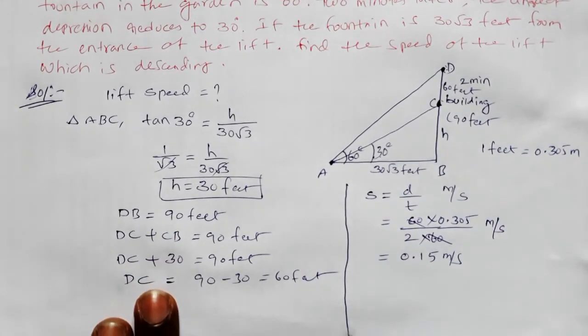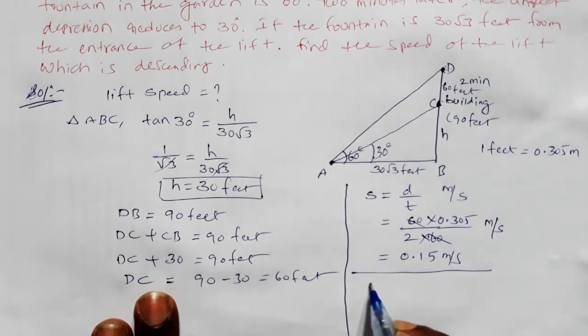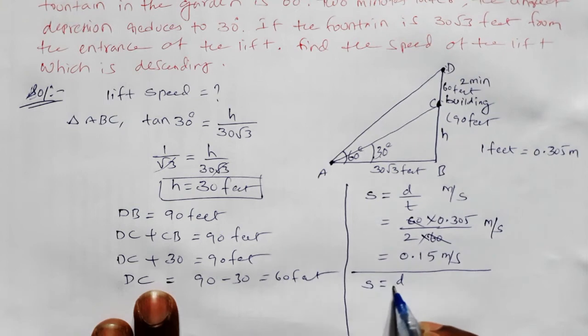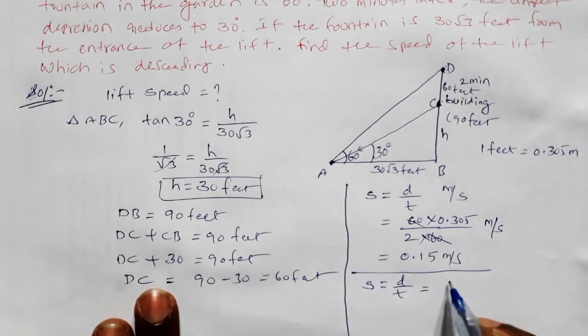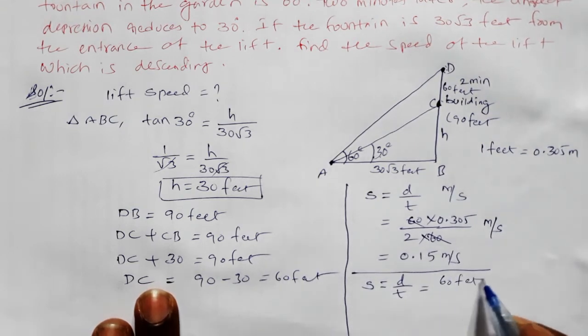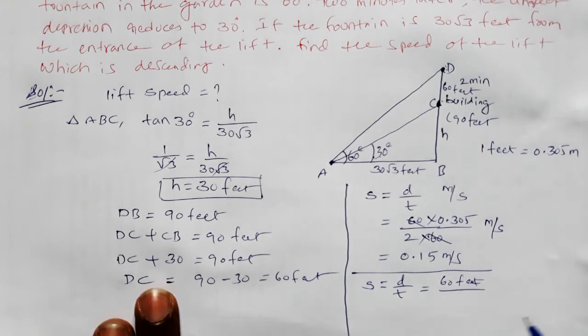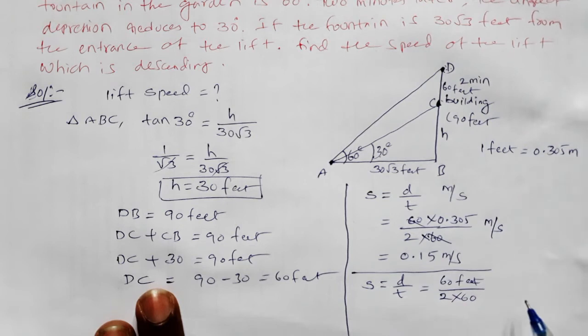So if you want to write in feet per second, you can write, no problem. Speed equals distance by time. Distance is 60 feet. Time is 2 minutes, that is 2 into 60 seconds.